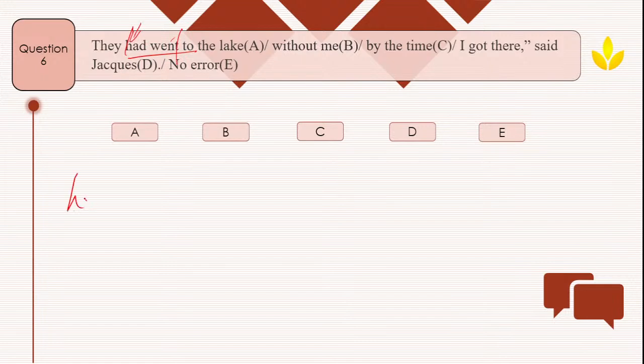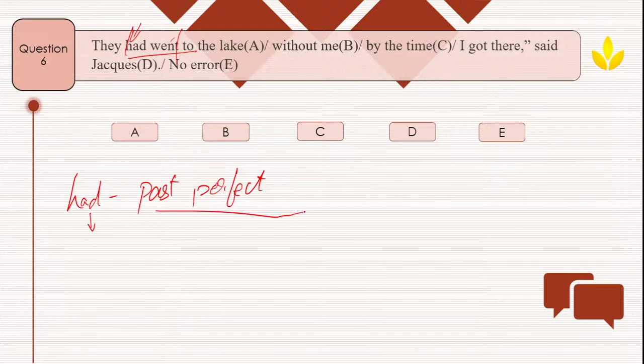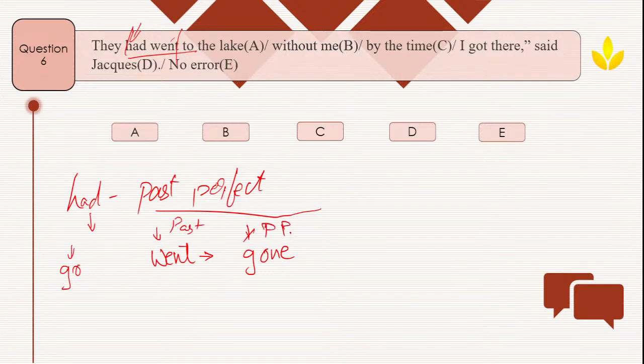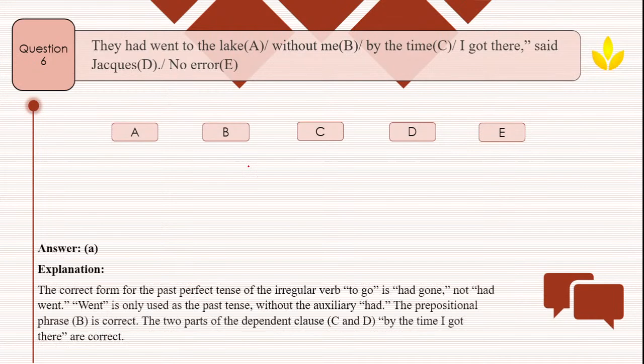Had is used for past perfect and past perfect continuous. So when you are using had, especially past perfect in this sentence, the verb that should be used is go, went, gone. Go is the base form, went is the past, and gone is the past participle. So the usage of past participle is the answer. Next question.